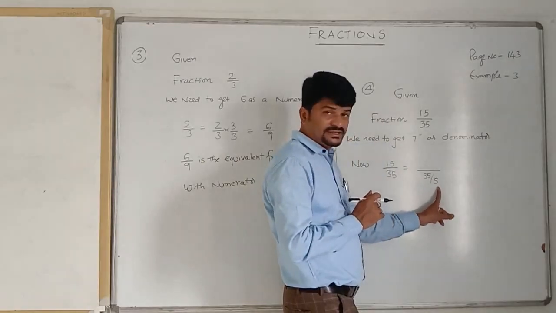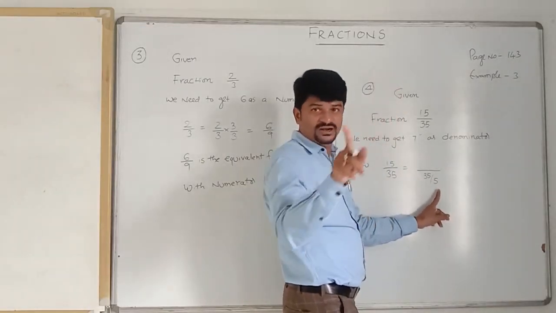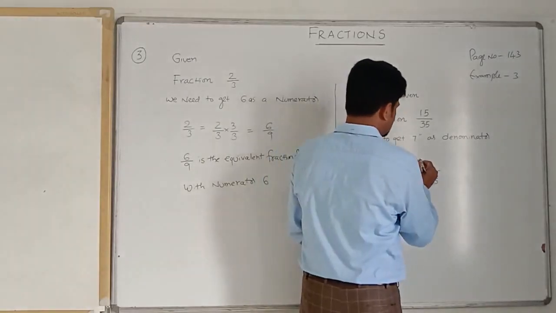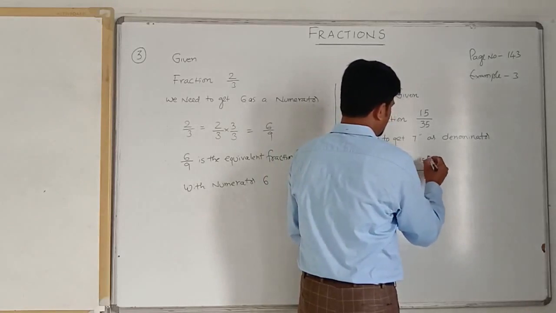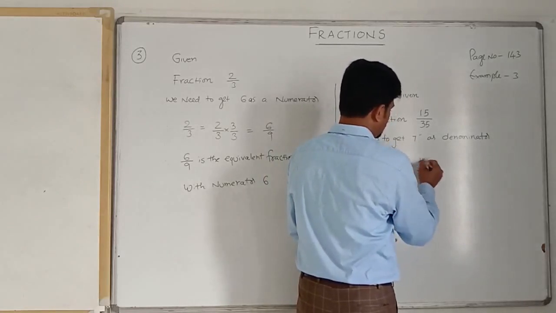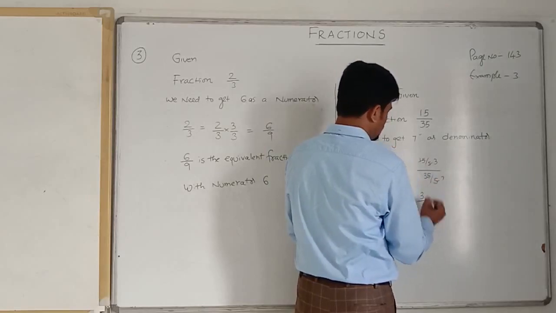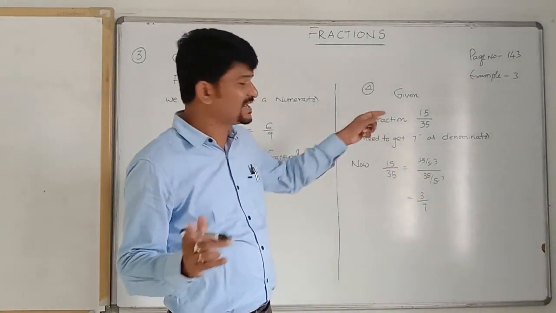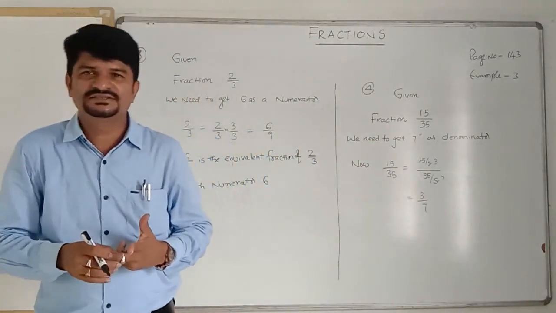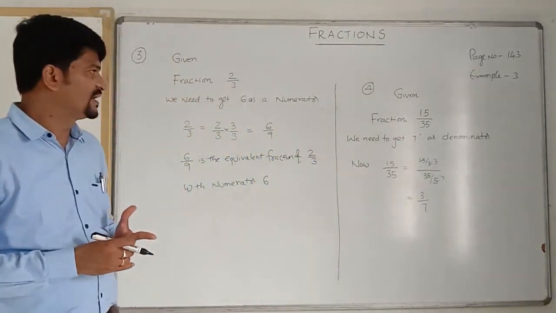Whenever you are dividing this denominator, you must divide the numerator also. That implies 15 by 5. That implies how much we got? This is another way.